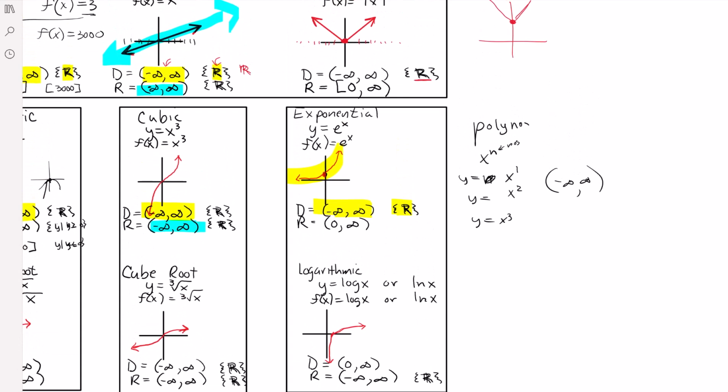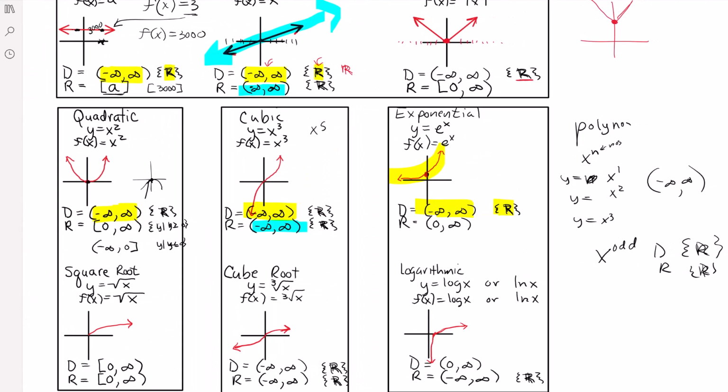Any polynomial where it's x to the odd, both domain and range are all the real numbers, or negative infinity to positive infinity. So any x to the odd, so if this were x to the fifth, this would be domain and range. If you had an x to the even, x to the fourth, x to the 100th, it would fit this criteria.